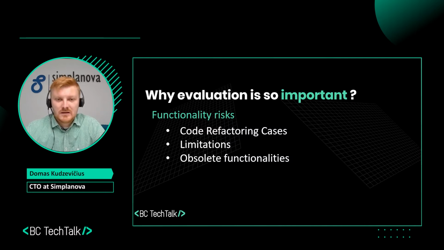Still, if you're doing the detailed evaluation, you're digging deep into the objects, digging deep into the code, and in some part of the code, you can identify that this won't clearly work in the AL, and at this point in time, you can allocate much more time for the particular object instead of getting to the upgrade and then hitting a showstopper, which will eat your budget and eat your time, right?